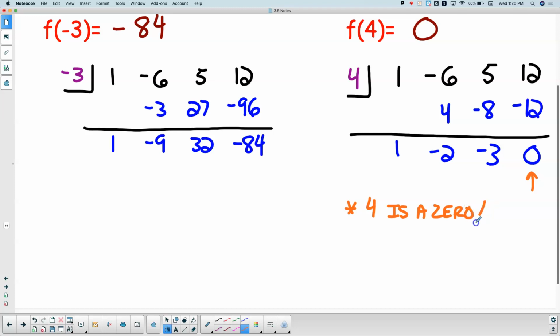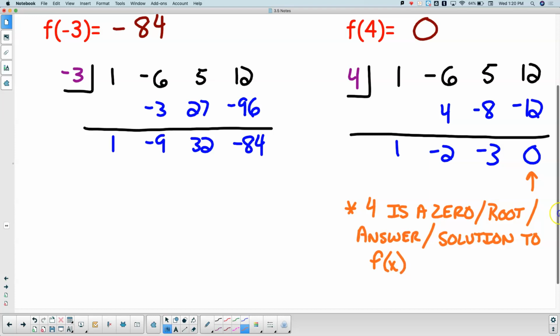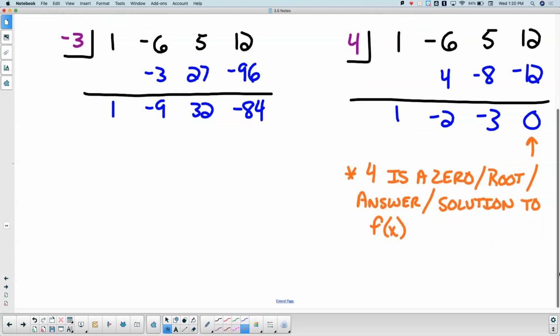That means that 4 could also be called a root. 4 could also be called an answer or a solution to f of x. Okay.